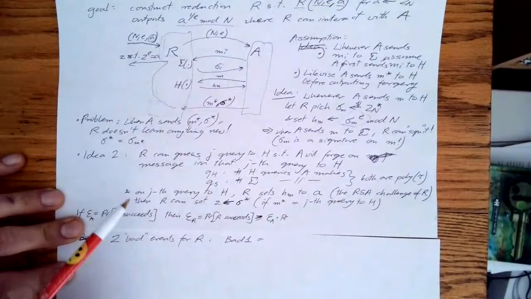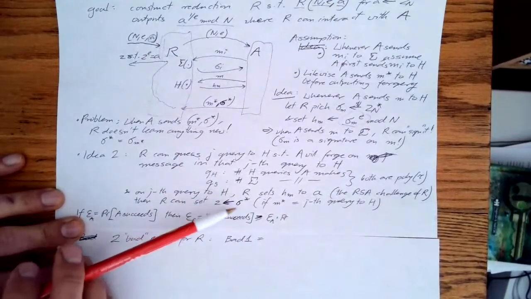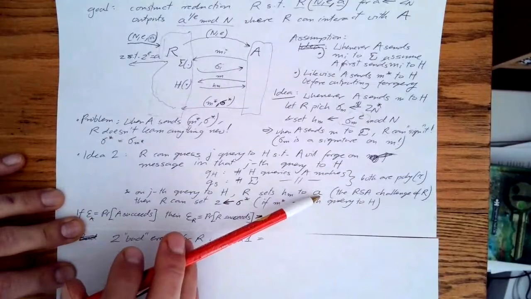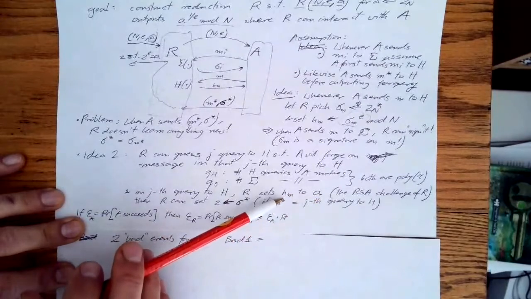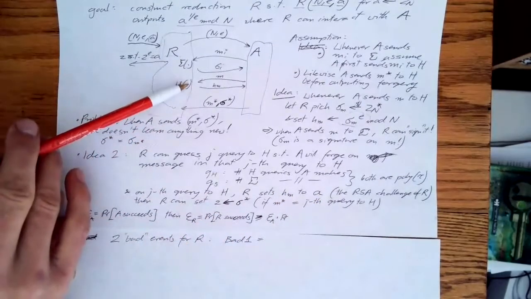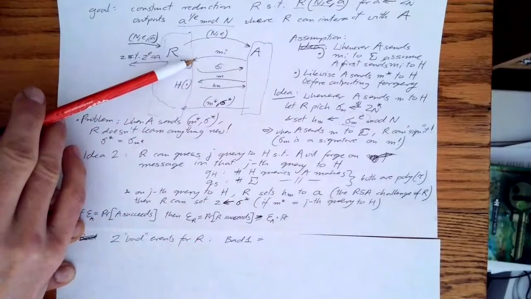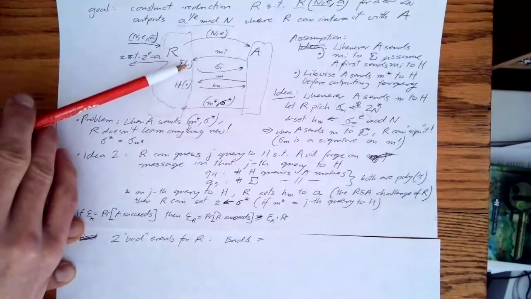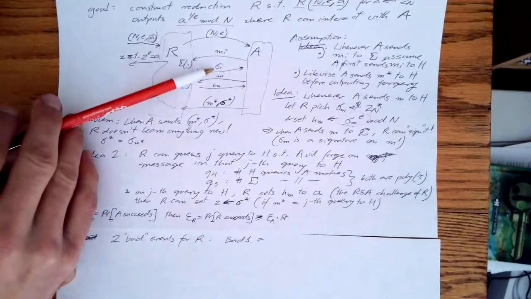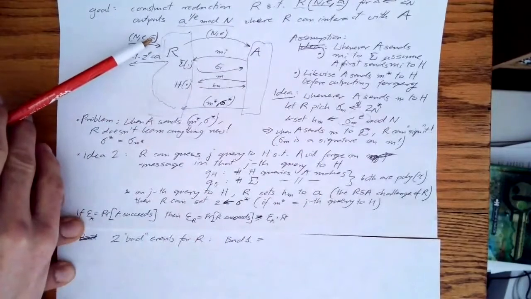My first bad event is that the reduction embedded this RSA challenge into this JS query to the hash. What if that adversary actually sends that JS query M into signing? Then the reduction has to solve the RSA challenge on A, right?